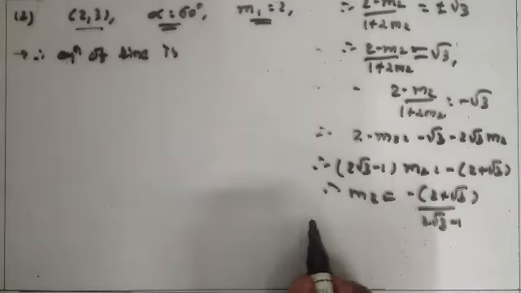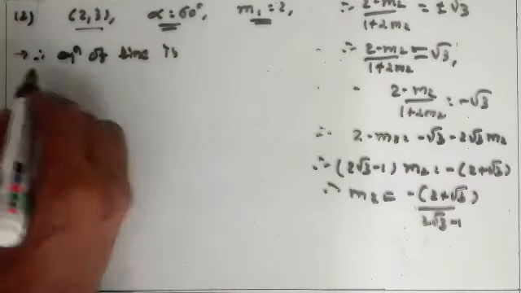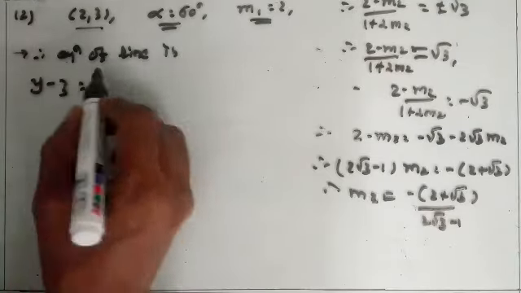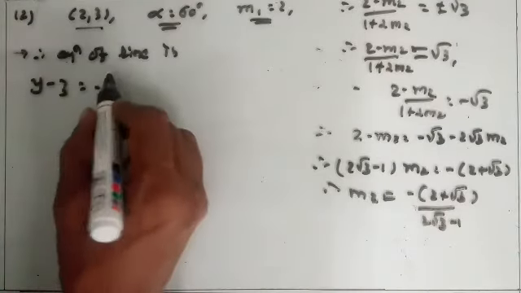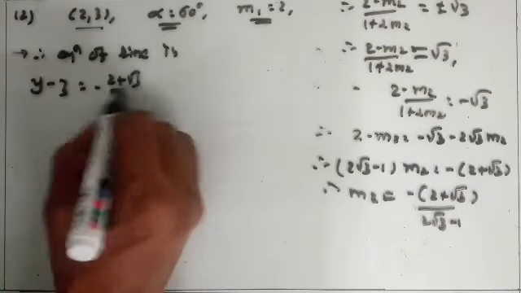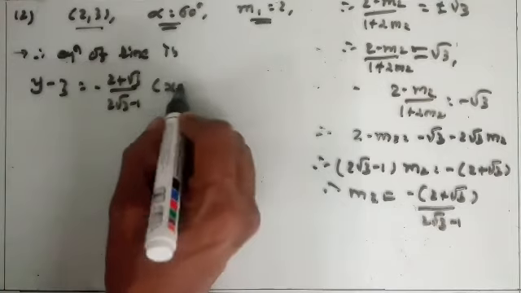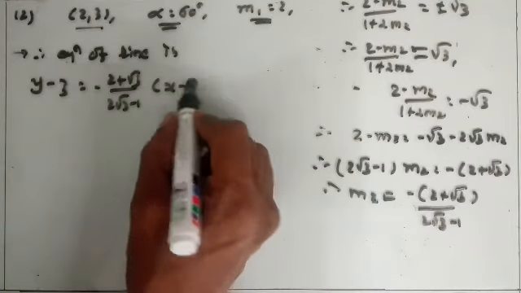Therefore the equation of the line is y minus y1 is equal to m into x minus x1, where y1 is 3, m is equal to minus (2 plus root 3) upon (2 root 3 minus 1), and x1 is 2.